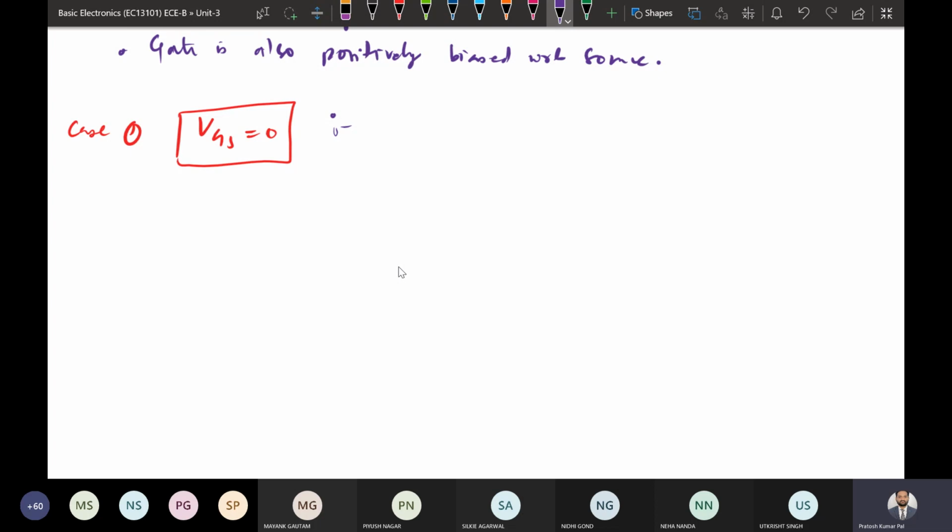Whatever electrons are available in the channel region, it is having a predefined channel.